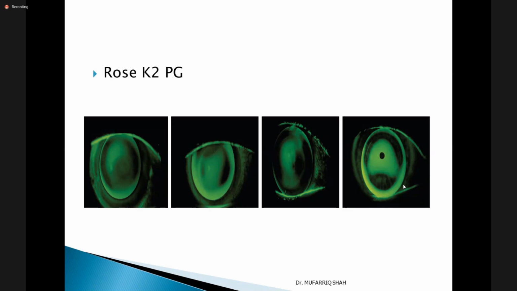If I say this is optimum fit, then what will you say? I will disagree, sir. Maybe the patient is not looking centrally. No, after PG, the cornea is so irregular, so ideal fit is not possible.